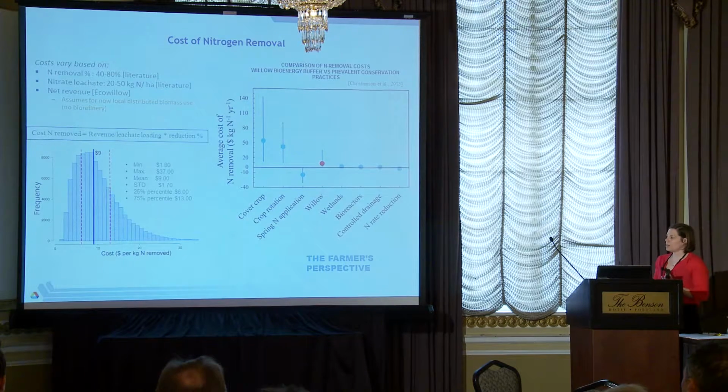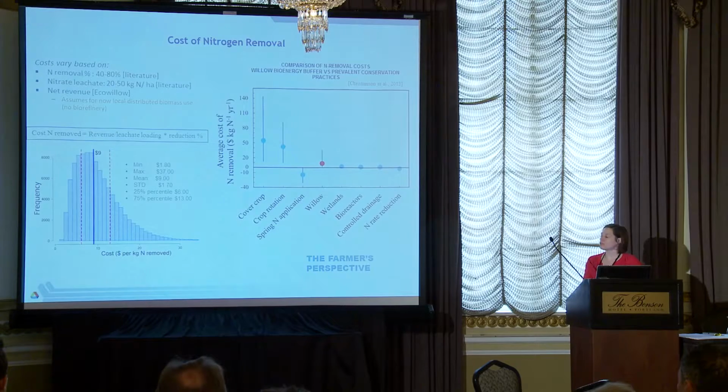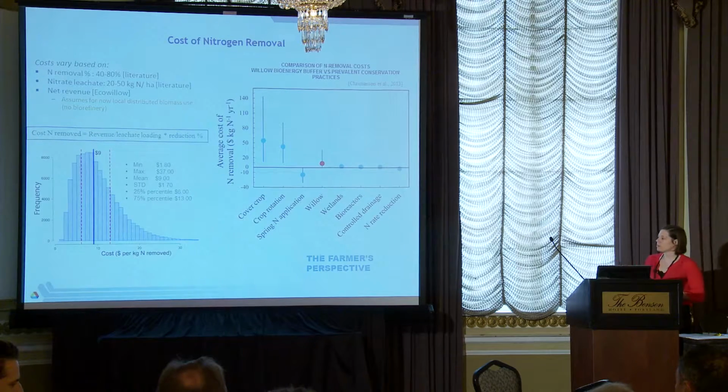And using our own net revenues from the eco-willow model, we can estimate what the cost of nitrogen removal would be per kilogram of nitrogen. It's about $9 for willows, which, compared to cover crop and crop rotation, is much lower. However, you also notice these other conservation practices that are actually more economic compared to willow.